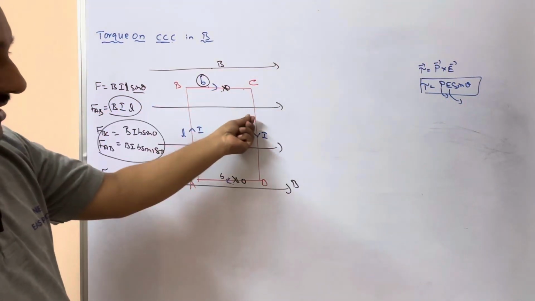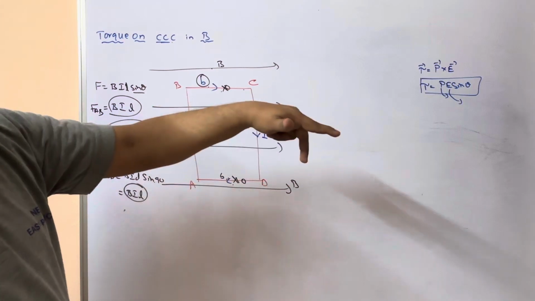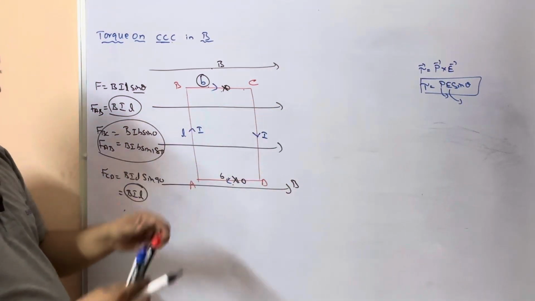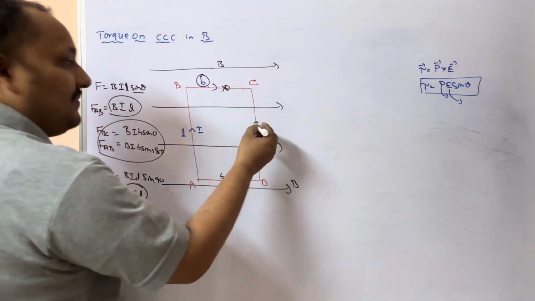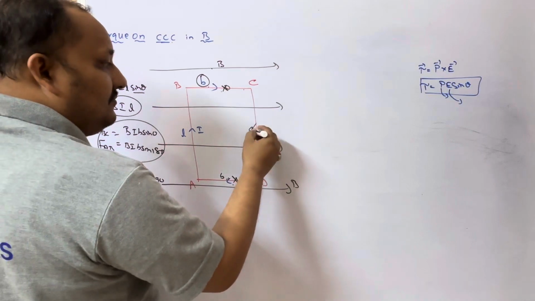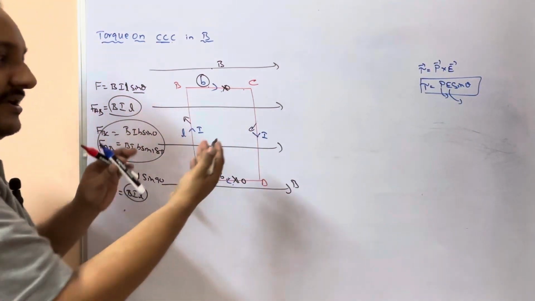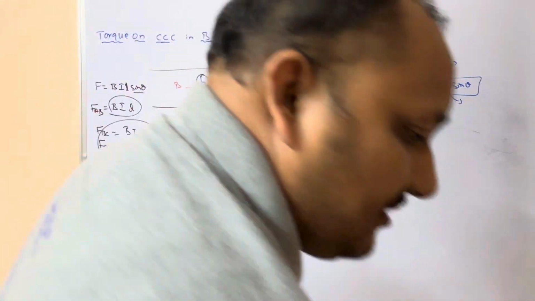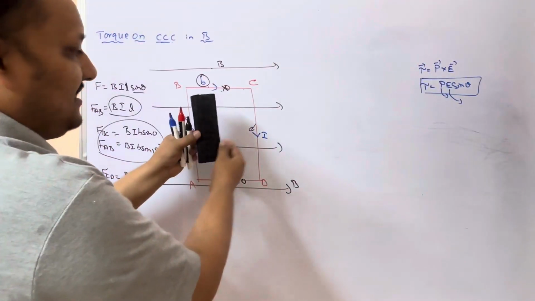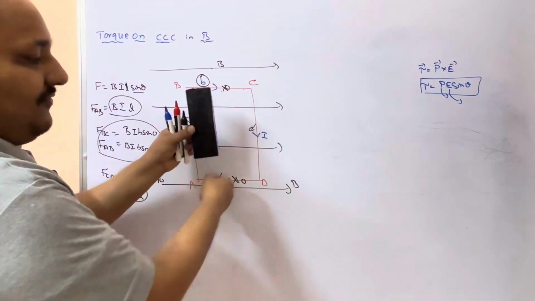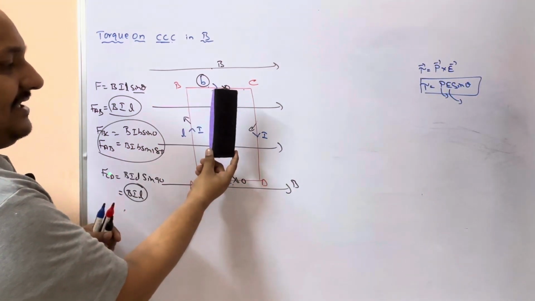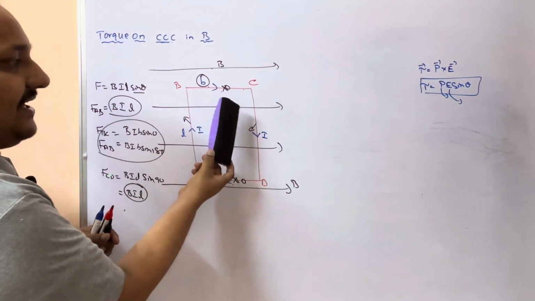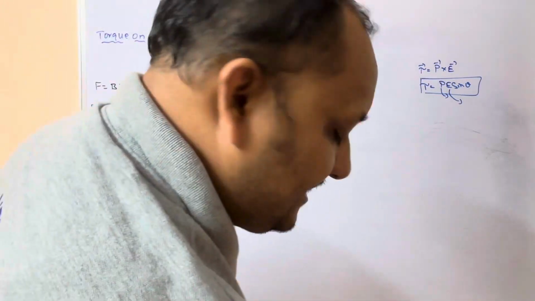So it is coming outside. Force is coming away from the board. Same like that, on this side, the force is going into the board. One is outside, one is inside. Therefore, the resultant is going to be turning like this. So if this is the loop, one force is outside, one force is inside. Therefore, it will be rotating like this. Therefore, we will say torque is acting.